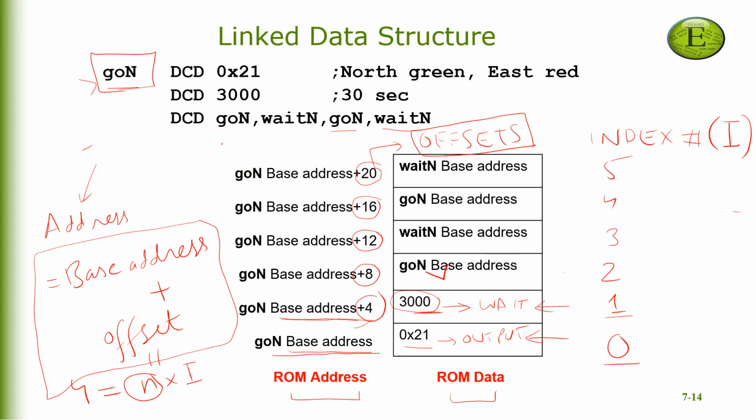So in other words, when we are going to store these labels in the array, we are essentially storing their base addresses. Wait N base address, GoN base address, wait N base address. And we can think about the visualization of GoE, wait E and wait N, all of these arrays, in the next few slides.